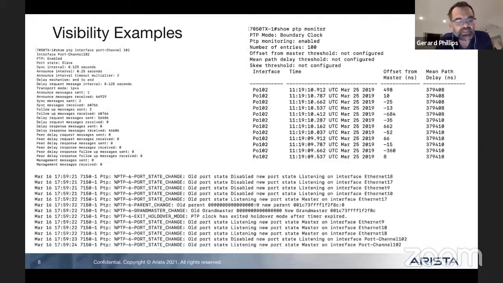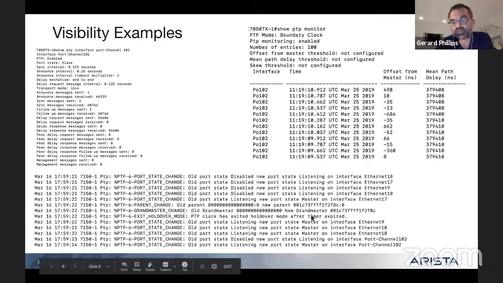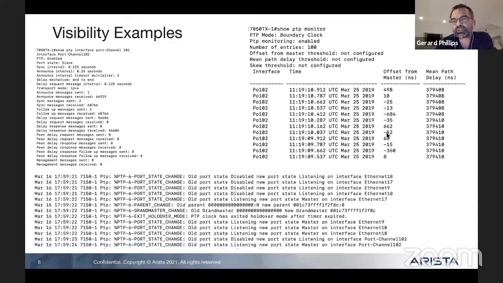I don't want this to be an eye chart, but it's just a couple of examples of the sort of visibility you can get. Down at the bottom, we have logging of changing of grandmasters. Every time you have a failure, you want to know what's causing that. You want to know that you've gone to another good master. Then there are measurements of the performance of the network.